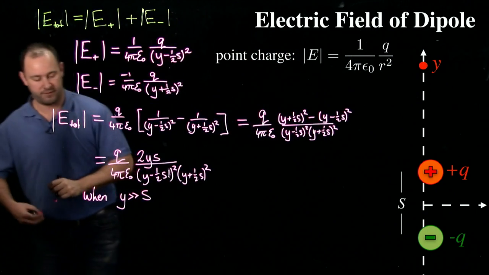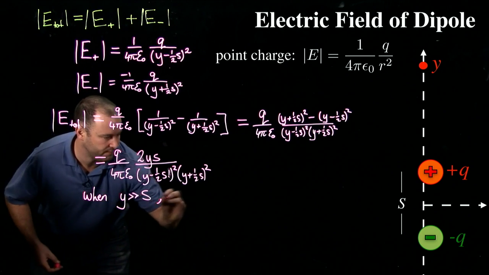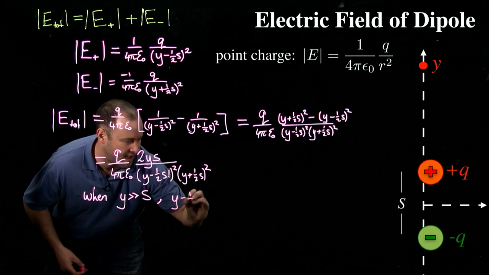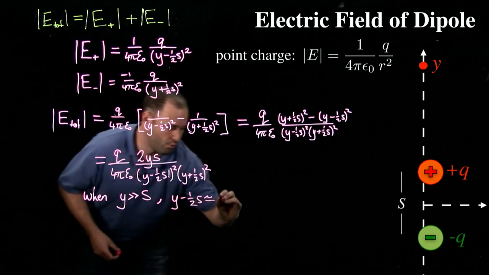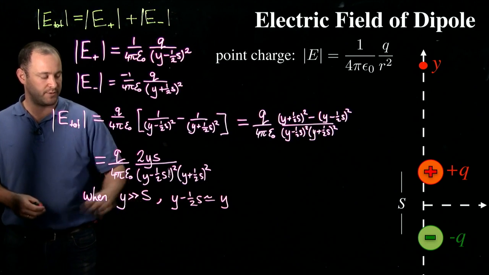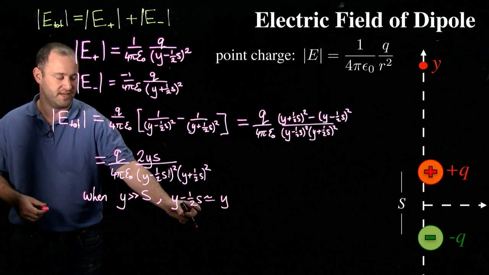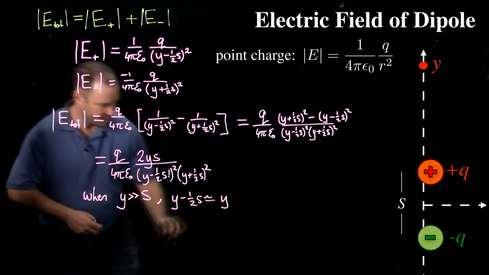What is the value of the electric field? So when y is much, much bigger than S, hopefully you can see that y minus a half S is approximately just equal to y. So the value of this thing is approximately just equal to y, to a very good approximation.